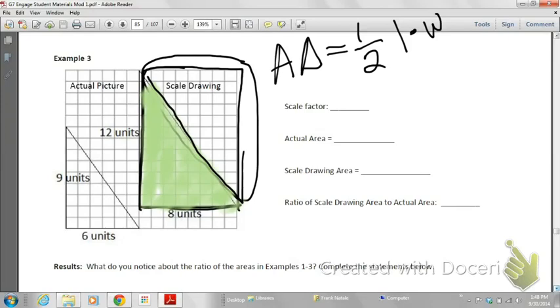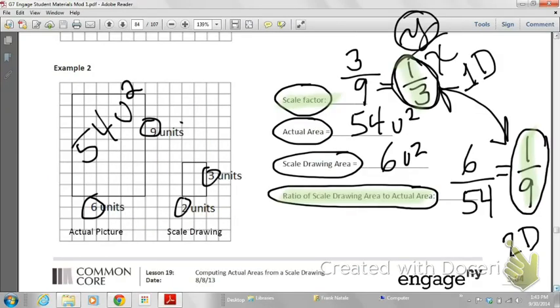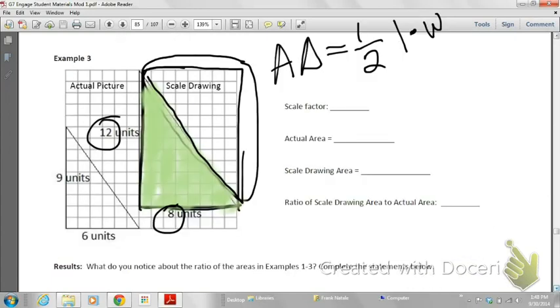Right? So when you multiply 12 by 8, you are doing the exact same thing you did over here, where we did 6 times 9. We got the area of this entire rectangle. Now when we do 12 times 8, we again get the area of this whole rectangle, but that's not what we're interested in. We are interested only in this part here, which is half of it.